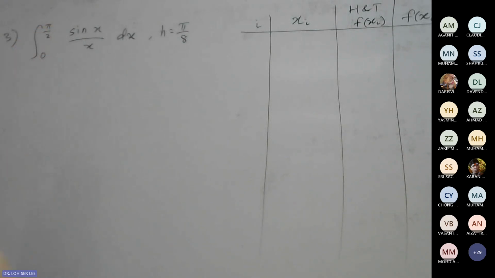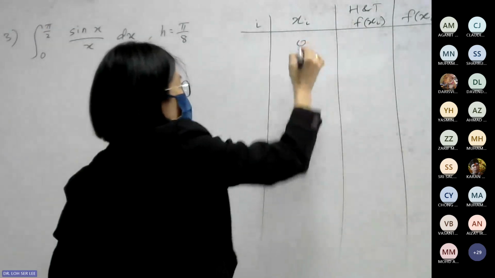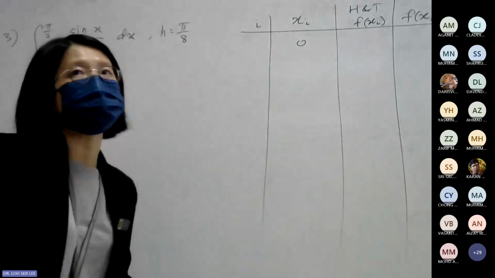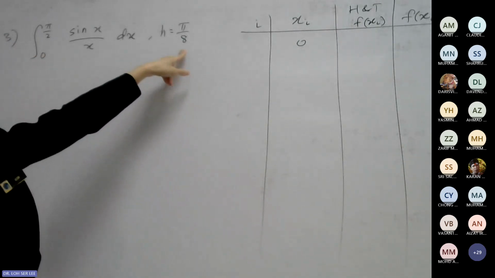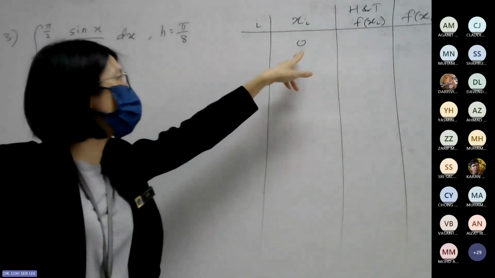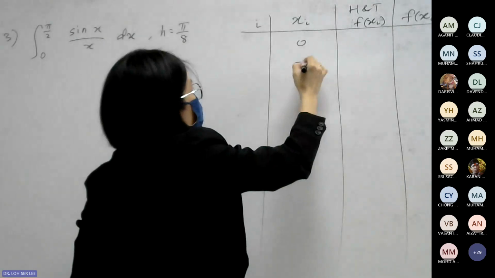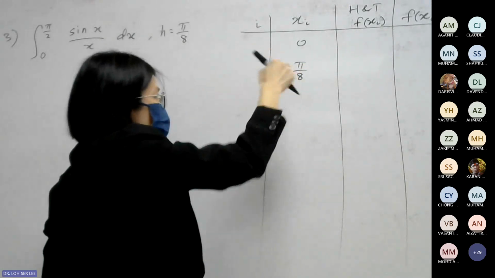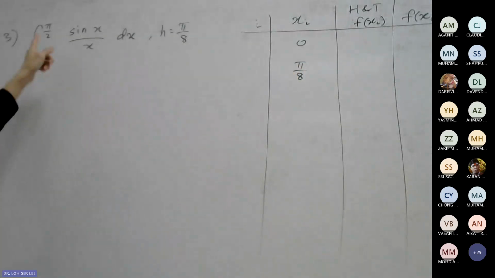Okay, 0 up to pi over 2, with a step size of pi over 8. You keep adding pi over 8 until you get pi over 2.